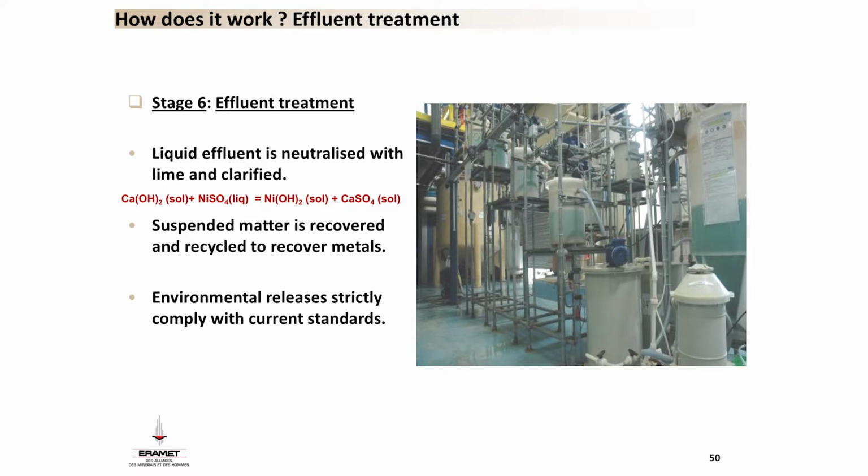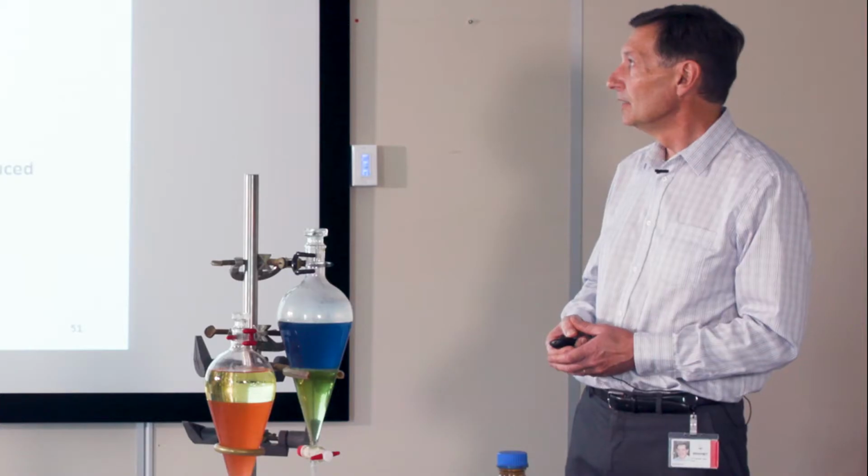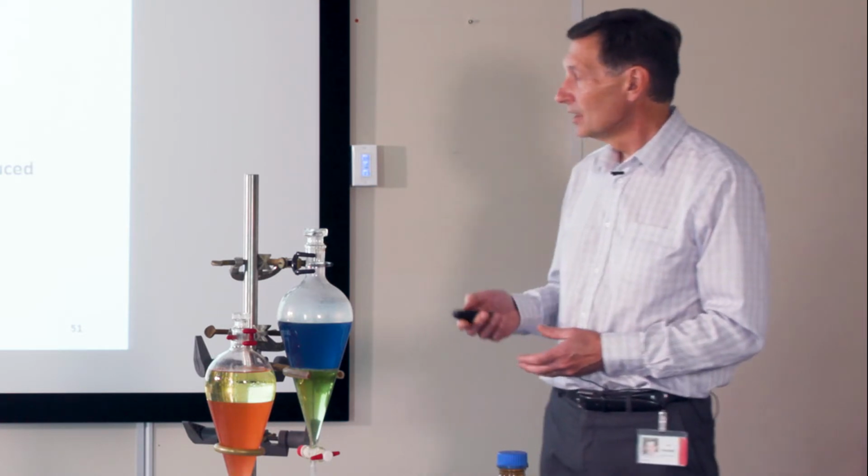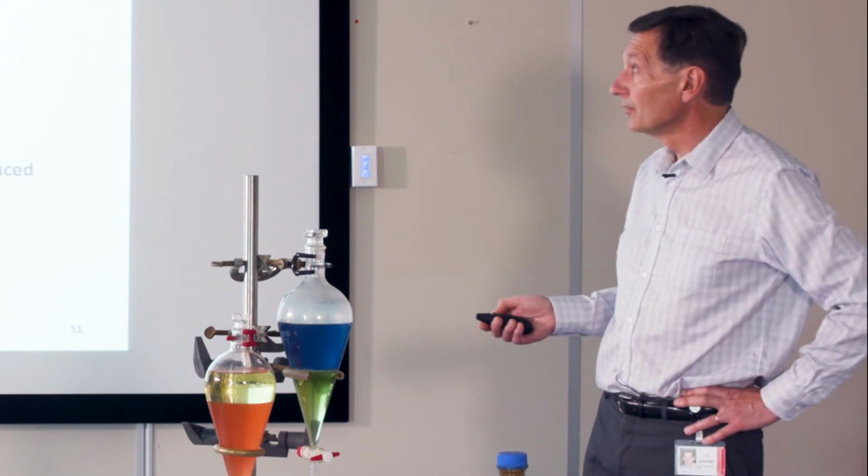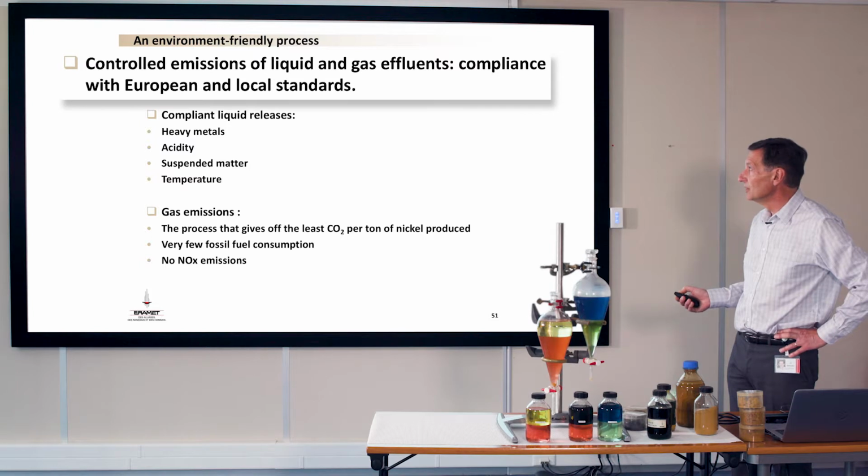You separate by decantation all the solids, the suspended matter in this effluent, in order to have an effluent compliant with the environmental standard. Regarding the environmental standard, we have to control the emission of liquid, of gas, and of solid.